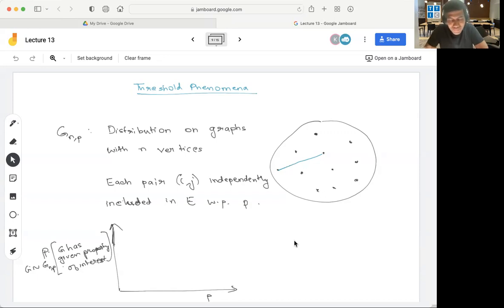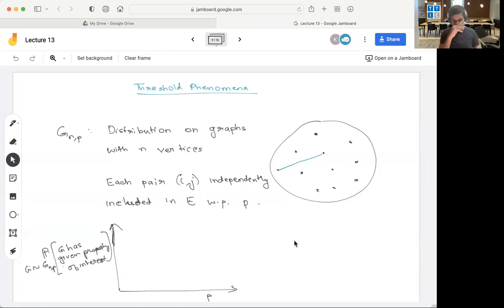But the goal is to understand the probability that a graph sampled from this distribution G(n,p) has some property we are interested in. And we are interested in understanding this probability as a function of p.